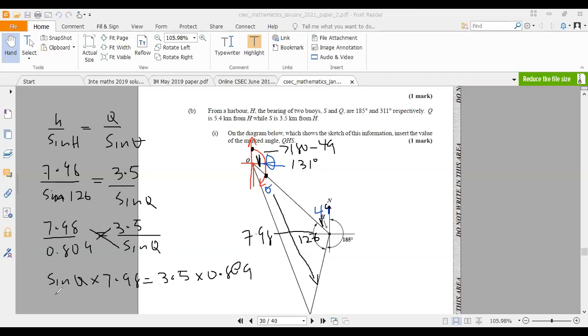So sine Q is going to be 3.5 times 0.809, all divided by 7.98.